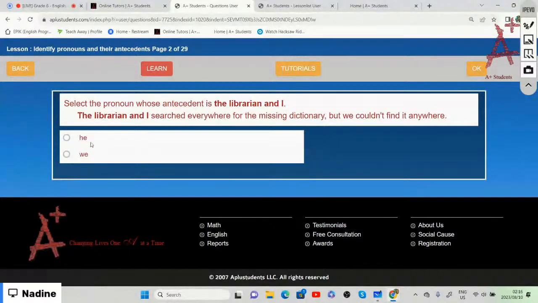It cannot be he, because they're saying the librarian and I, which means it is we, because it refers to two people, the librarian and I. So it is we.